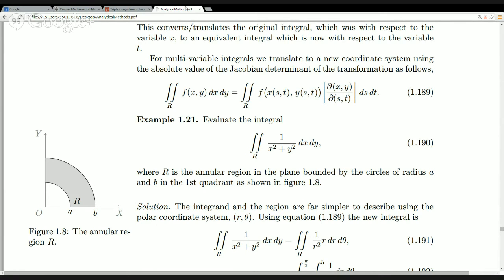So it's rho to the 4 over 4, evaluated from 0 to 9 minus z. So that's just the integral 0 to 9, 0 to 2 pi, of 9 minus z to the power 4, d theta dz.